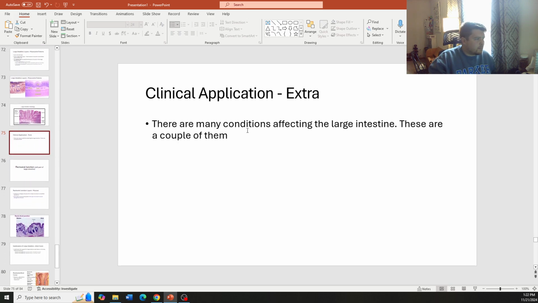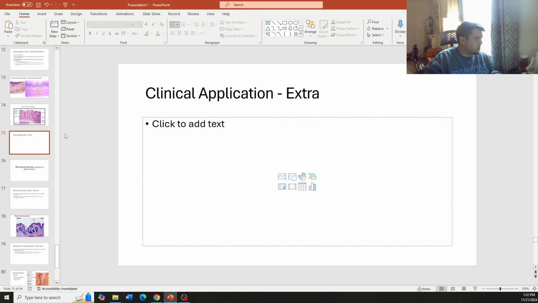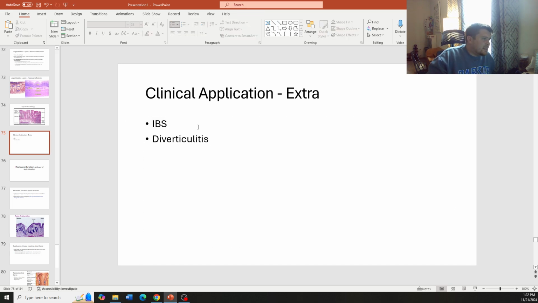I'm actually going to remove this. I didn't complete this because I don't want to add too much onto this. There are a lot of conditions that have to do with the large intestine: IBS, irritable bowel syndrome, and diverticulitis is another really common one. I don't want to get too deep into these.